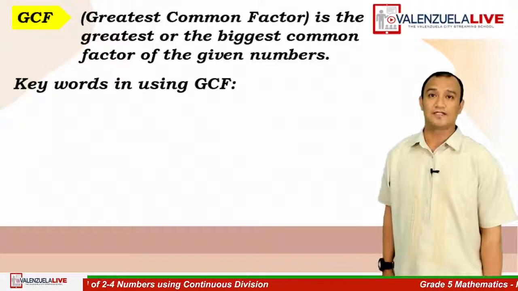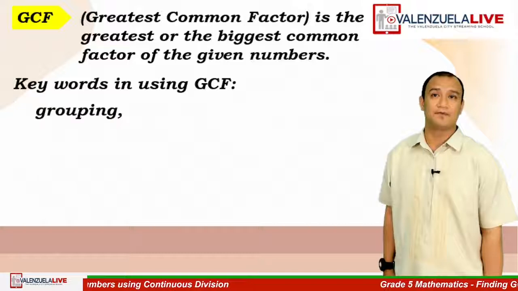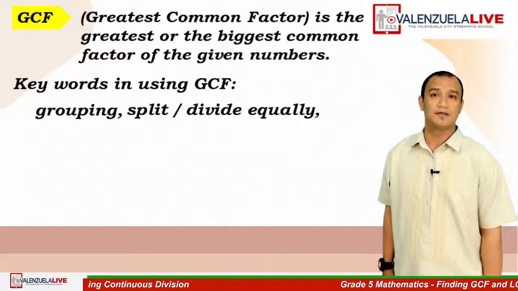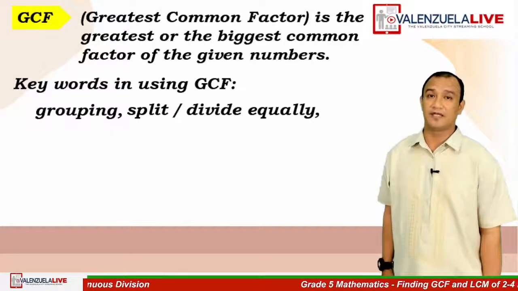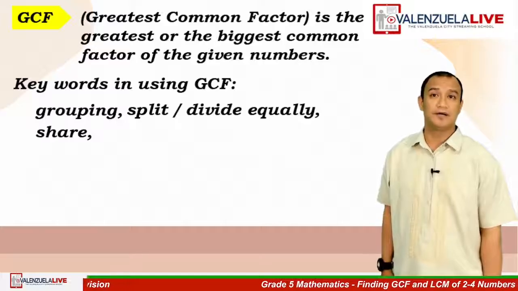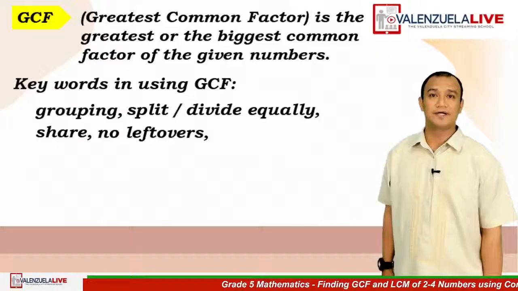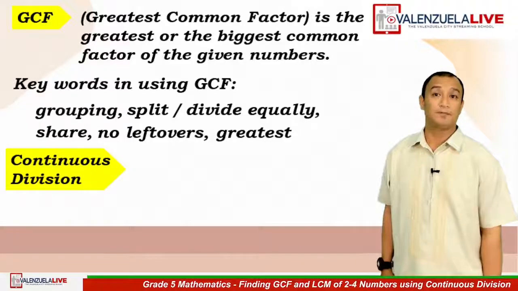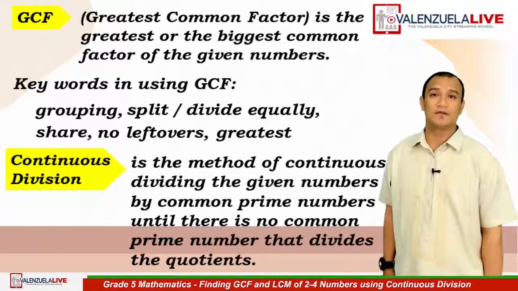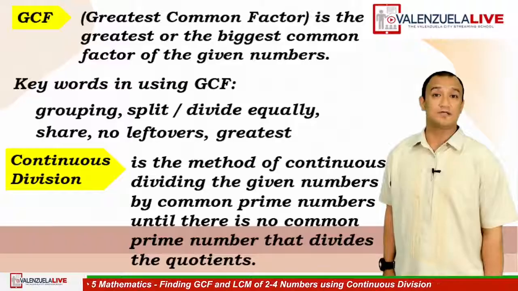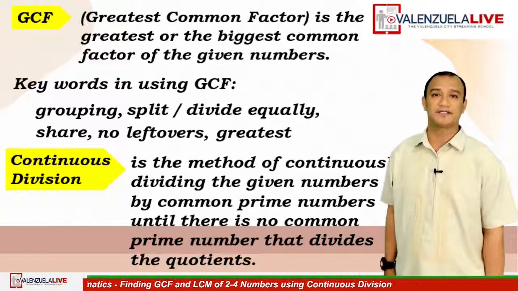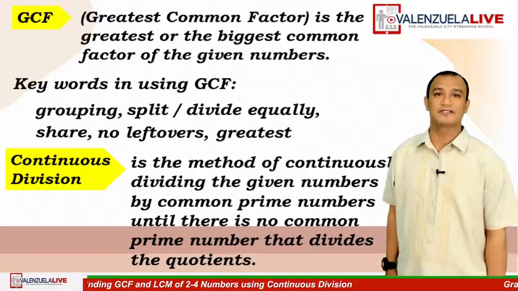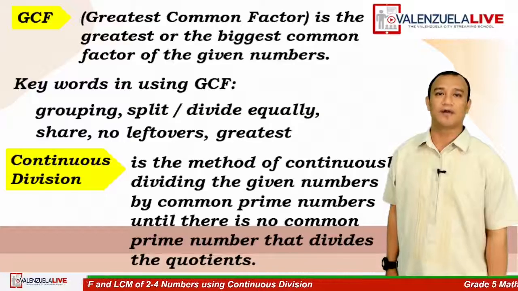And for the keywords that we use in GCF, we have grouping, split or divide equally, share, no leftovers, and greatest. And for continuous division, it is the method of continuously dividing the given numbers by a common prime number until there is no common prime number that divides the quotients.